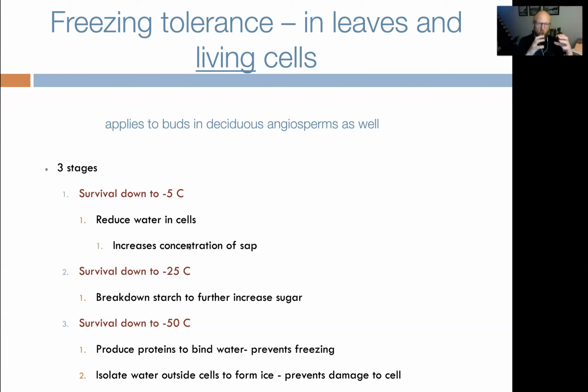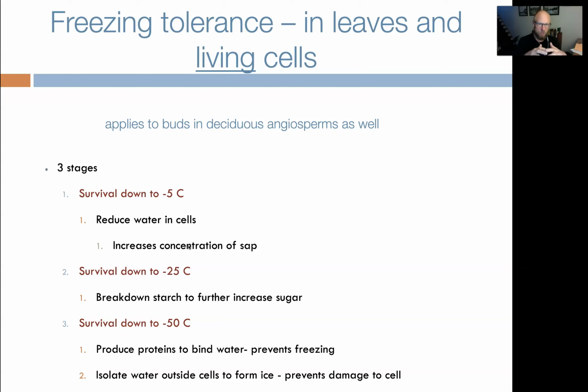So starch is a much larger molecule than sugars, and it doesn't help prevent water from freezing. So they break starch down into sugars, and then they put those sugars inside of their cells to increase the sugar concentration even more than reducing the water. So now that really allows the water in those cells to remain liquid instead of turning to a solid.